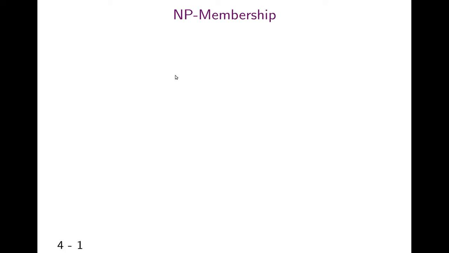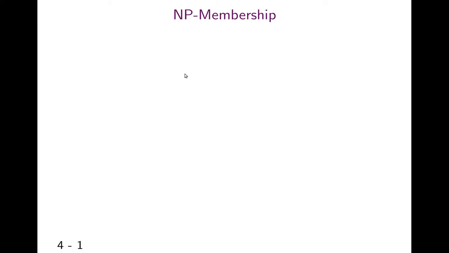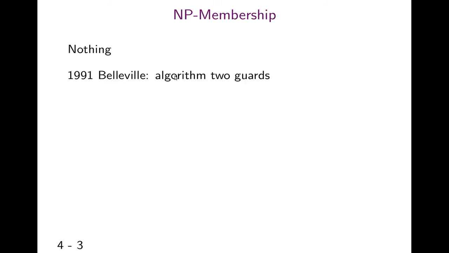So what do we know about NP membership? Well, nothing. We don't know if the art gallery problem lies in NP, and I'm a little bit annoyed by all these authors here never mentioning that we don't know this. Usually NP membership is the easy thing.